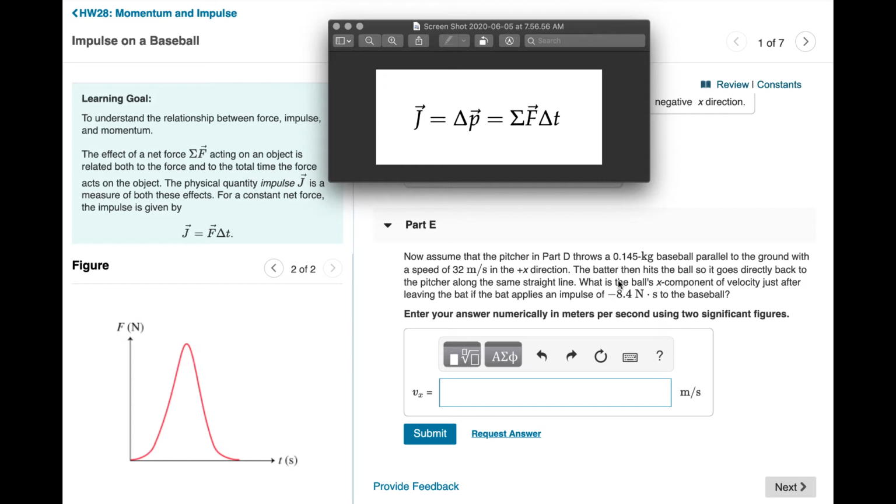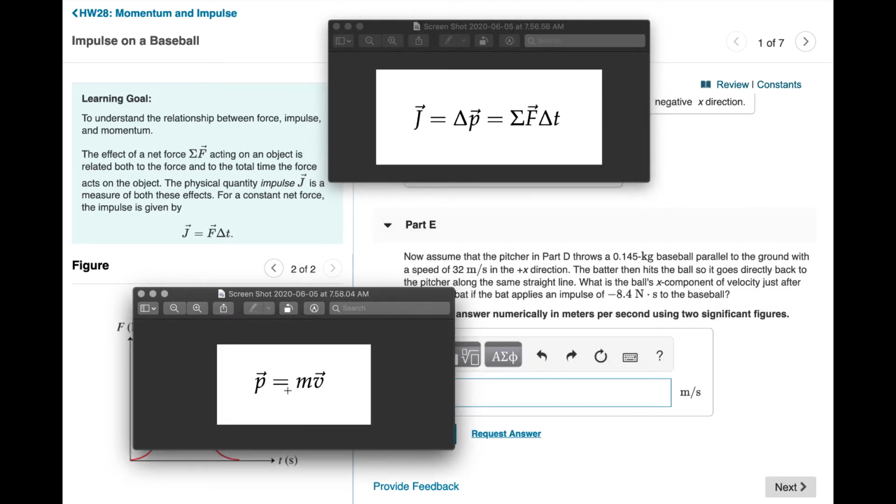The impulse that I'm given, negative 8.4, is delta P. So I want to set that equal to the final momentum minus the initial momentum and simply solve for the final velocity. When I do, that final velocity will be negative. That's no surprise at all because the baseball is hit back toward the pitcher in the negative direction.